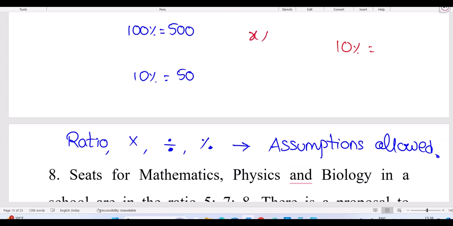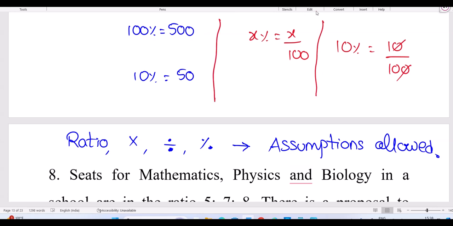So whenever I ask 10% for anything, there is one more logic. X% means x by 100. 10% means 10 by 100, which means you have to divide by 10. If I ask for any value, what is 10%? For 800, what is 10%? 80, removing a 0 or dividing by 10.